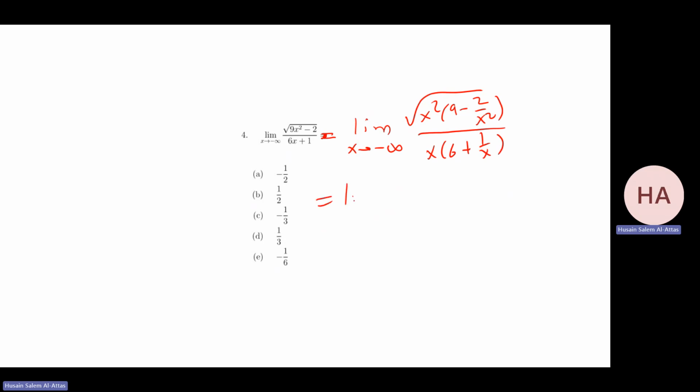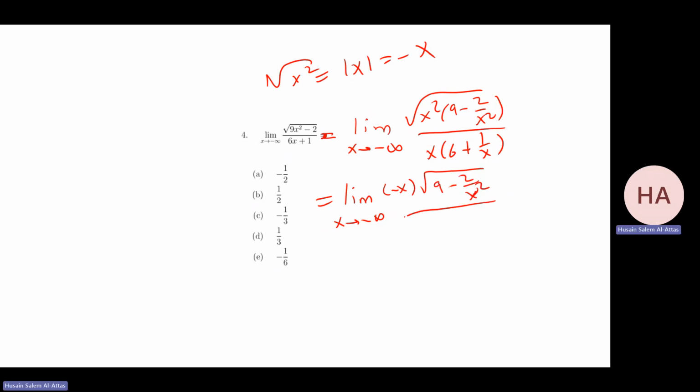Take the absolute value, so it will be minus x. So that will be minus x under the square root of this over x, 6 plus 1 over x. So this is cancelled. You have minus 3 over 6, and here minus half, which is this one.